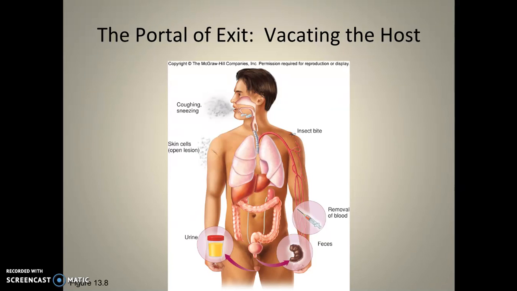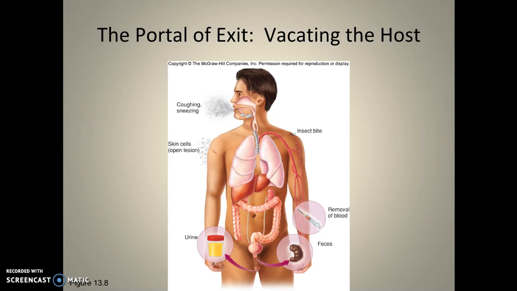All right, so another thing about causing an infection is that if you are a pathogen, especially a true pathogen, you are going to need to spread from host to host. So somehow you need to get out of the body and go to some other place. This is sort of the opposite of the idea of portal of entry; it's the portal of exit.